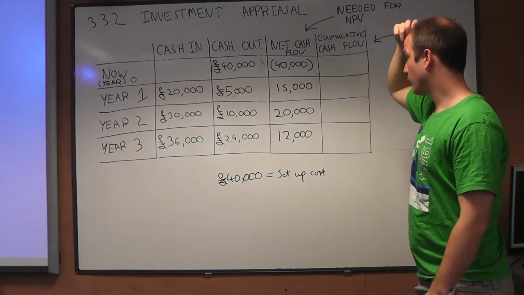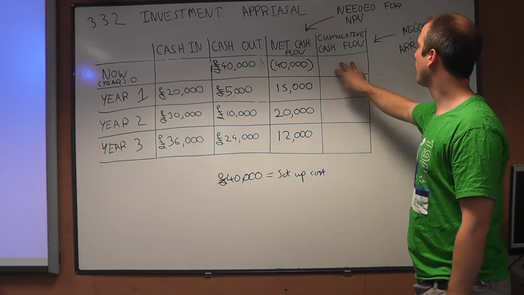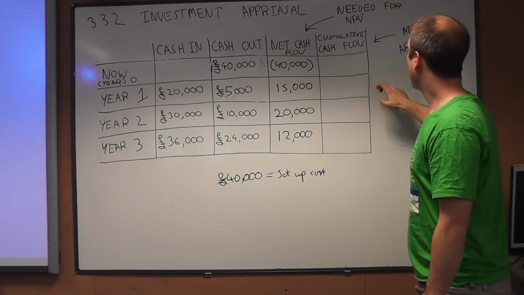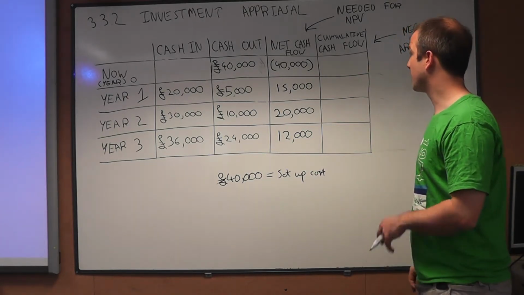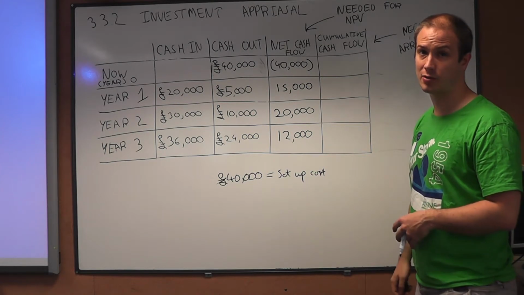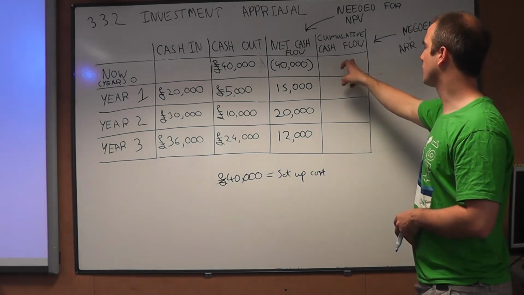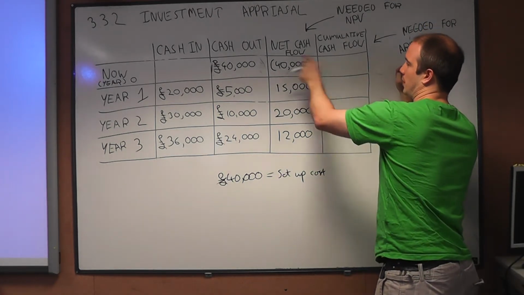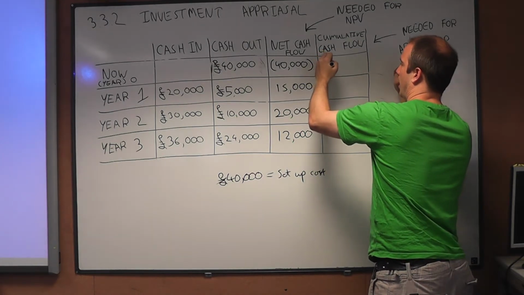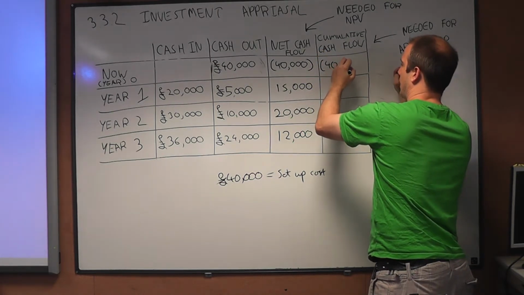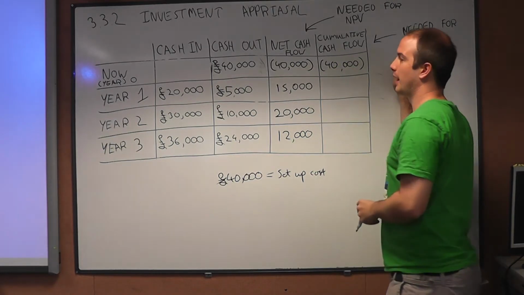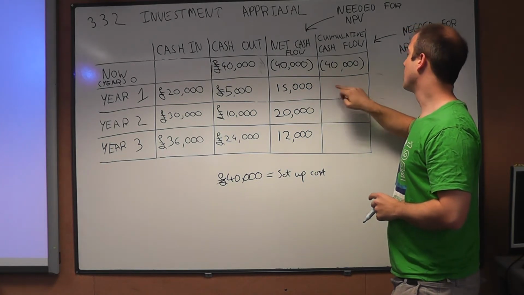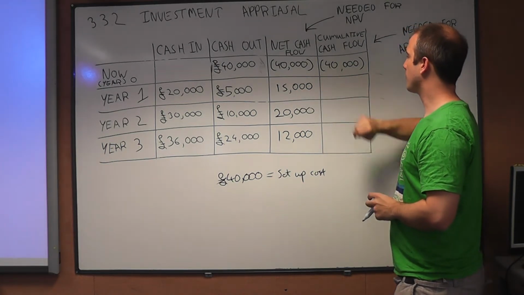Which takes us on to our final column, which is the cumulative cash flow. The cumulative cash flow is basically the sum of all previous cash flows added together. So the cumulative cash flow for the first year is essentially the same as this: minus £40,000. Now, after a year, we can add on the £15,000 that was made, the net cash flow from the previous year.